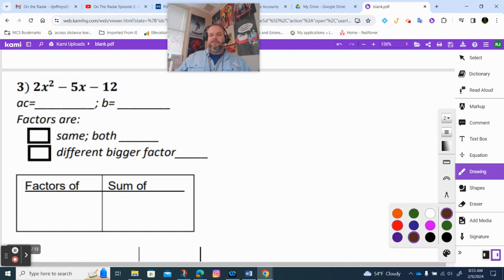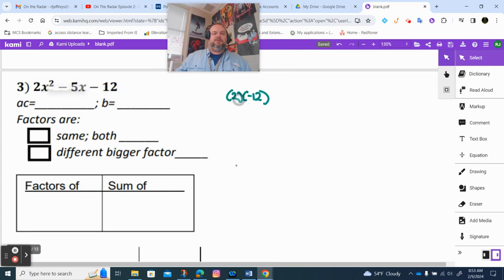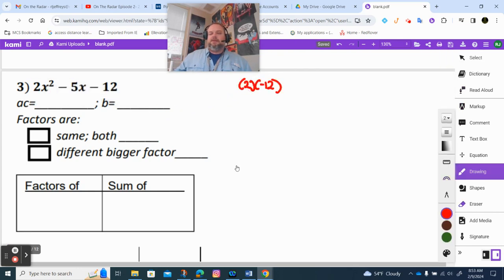Number 3. So A times C. So this is 2 times negative 12. I need to do that somewhere else. I didn't give us enough room to do that. I get negative 24. All right. Negative 24.